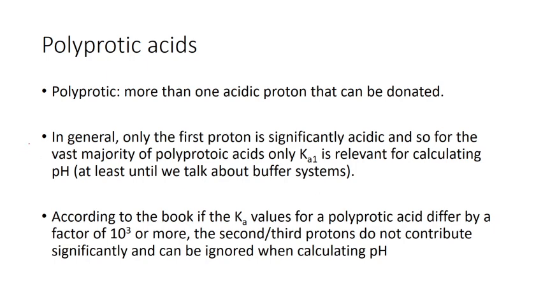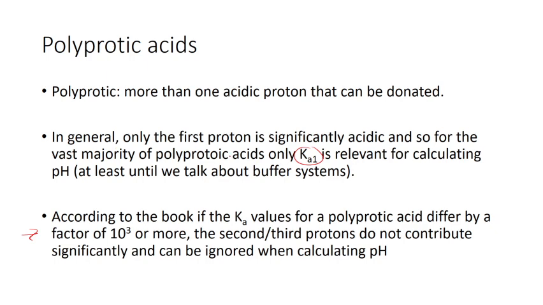So as it says here, generally only the first proton is significantly acidic for any polyprotic acid, and so for the vast majority of them, only Ka1 is relevant for calculating pH. Right, so most times the only one you're going to use is Ka1. And then also, according to your book, if the Ka values for a polyprotic acid differ by a factor of 10 to the third or more, the second and third protons do not contribute significantly and can be ignored when calculating pH.